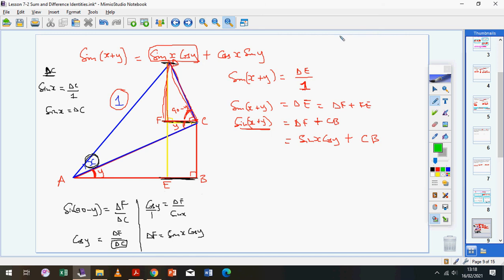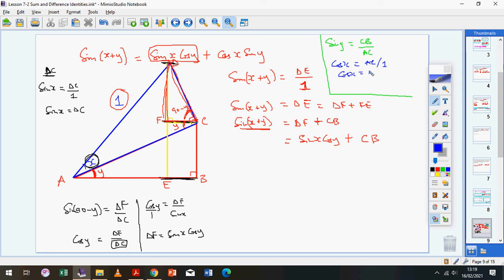In the triangle ABC, the sine of y is equal to CB divided by AC. I hope you can see that AC is the adjacent of angle x in the blue triangle. So if I use the cosine of x in the blue triangle, the cosine of x will be equal to the adjacent, which is AC, divided by the hypotenuse, which is 1. So the cosine of x is simply equal to AC.